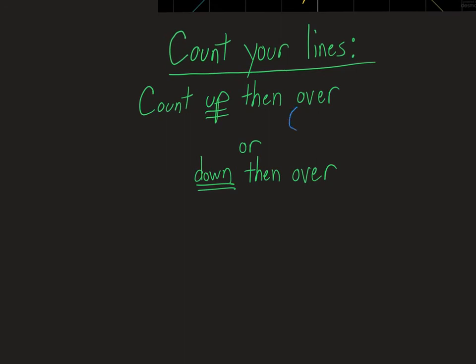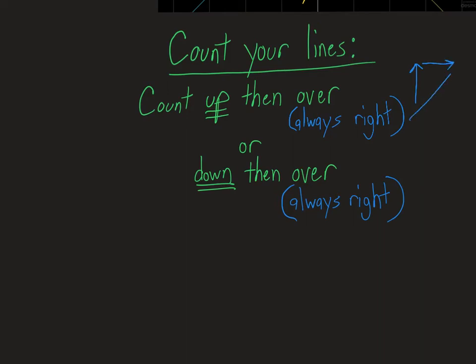When we go over, it's always to the right. Okay? So that means we are always going to count upward on a line and then over if it's a line going this direction, basically up to the right.